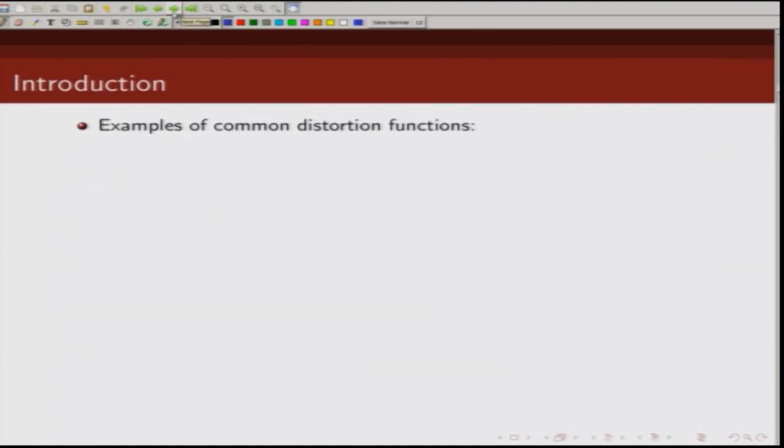Now, let us give some examples of common distortion functions. Hamming distortion function. So, Hamming distortion measure is defined as follows. When the source alphabet and the reproduced alphabet are the same, there is no distortion.